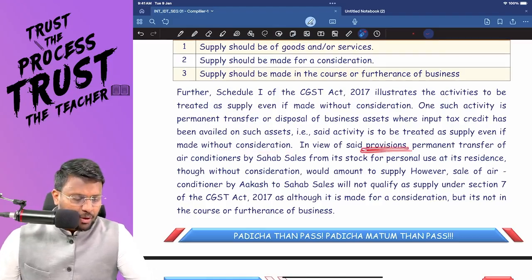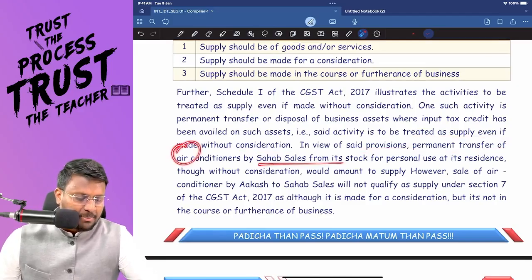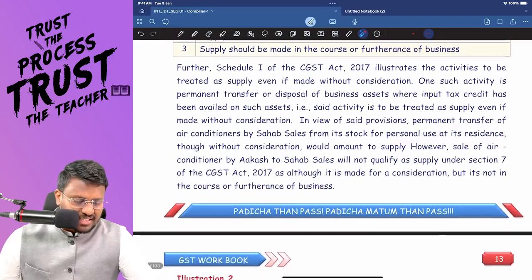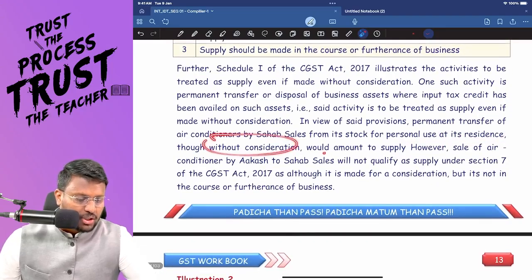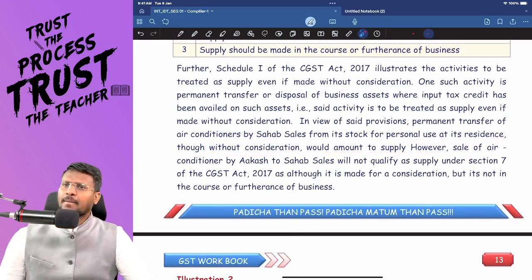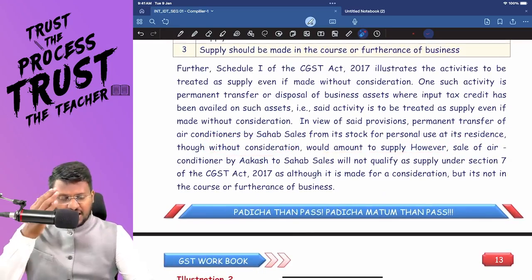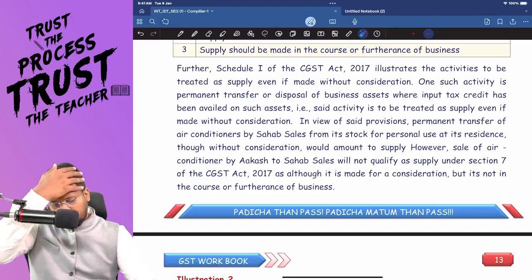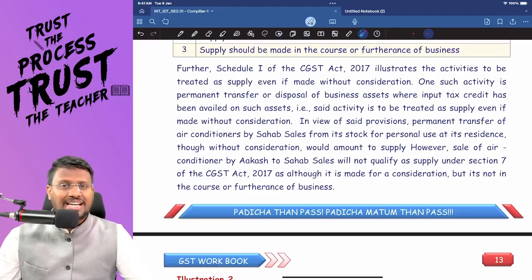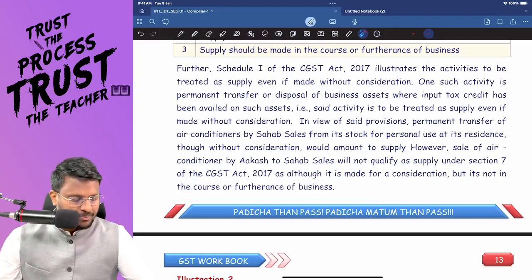In view of the said provision, permanent transfer of AC by Sahab Sales from its stock for what use? At its residence, though without consideration, would amount to what? Supply. Because even though there is no consideration, permanent transfer of goods without consideration where ITC has been availed should be treated as supply.